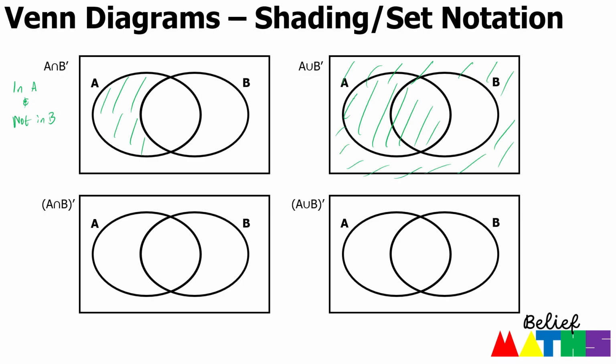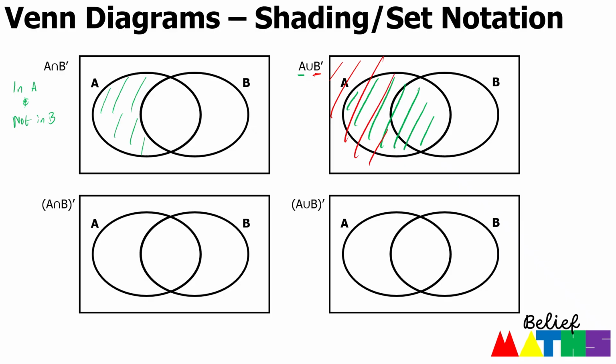Now that can often cause confusion. So what I like to do is describe it like this. If I clear all this off and just redo this one, I'm going to do A in green. So that's A, and then I'm going to do not B in red. So not B is everything outside of B. Okay.